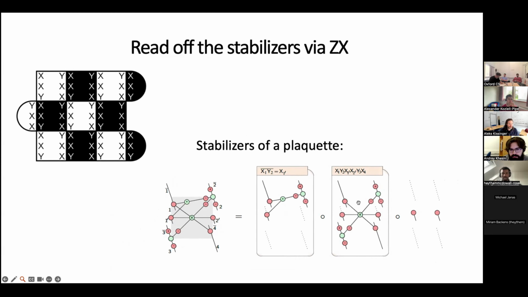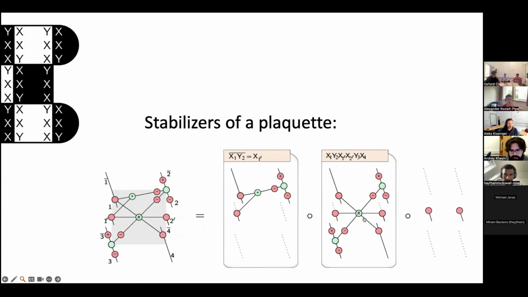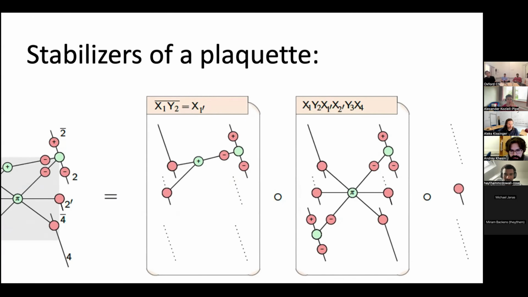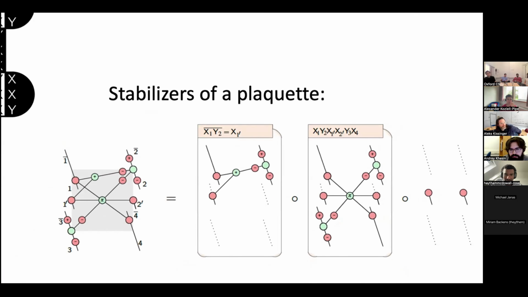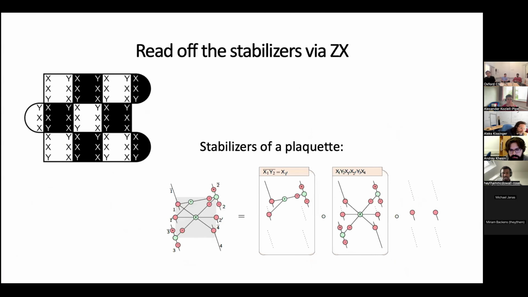You can read them off of this picture, because it's just a single Z in the middle, and there's the ZX calculus rule where if you push Xs into a Z from all the sides, they cancel each other out. It's that rule essentially, but it looks more interesting.